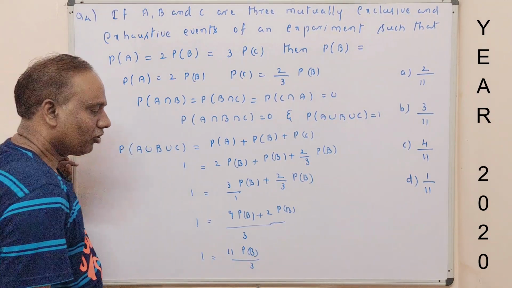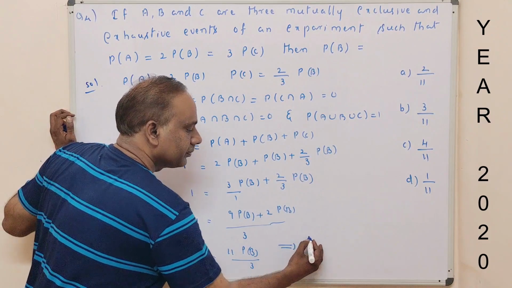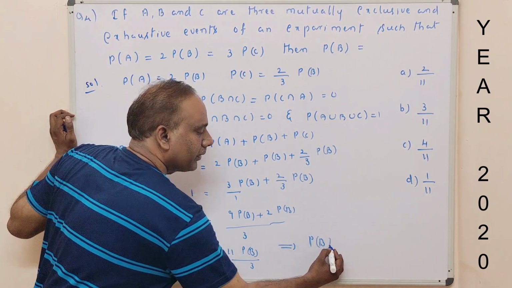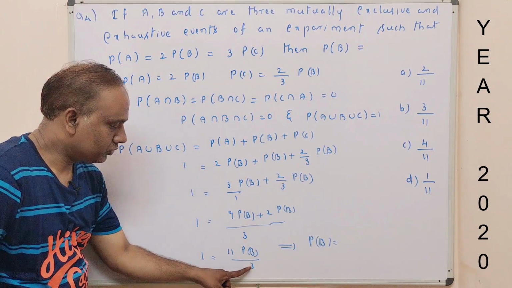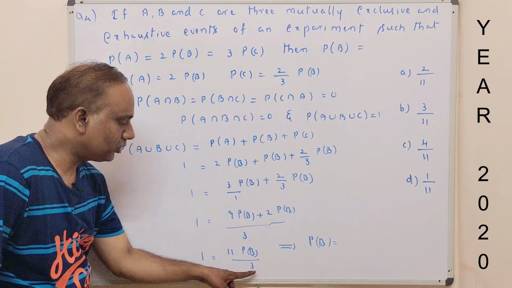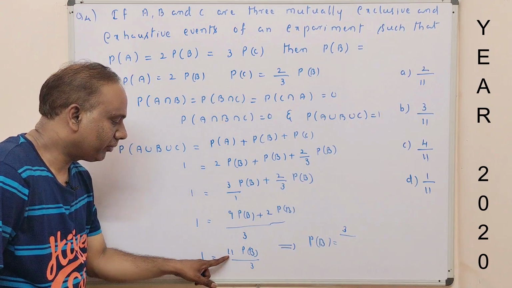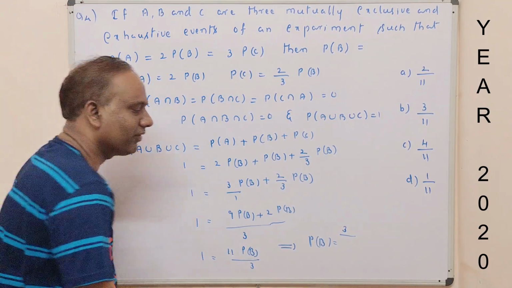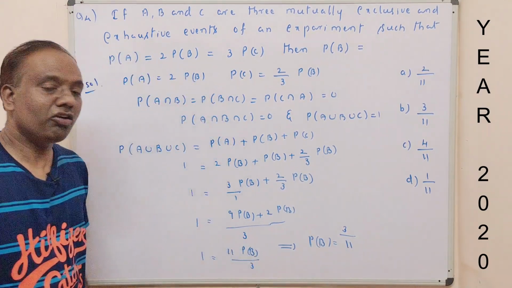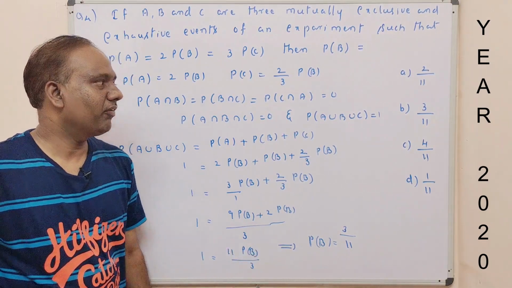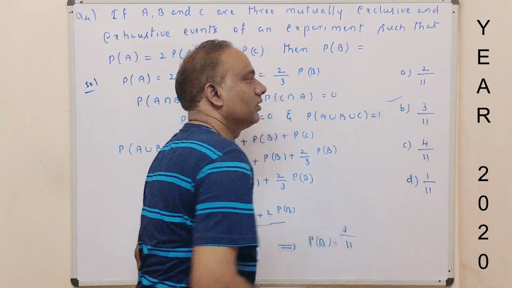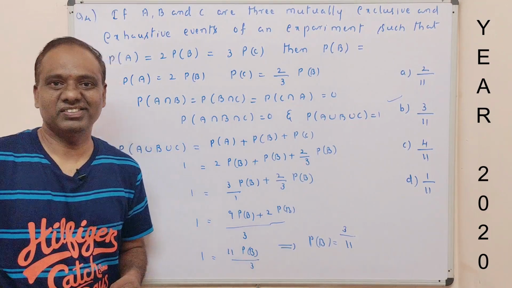Now we need only P of B value. So P of B is equal to, so 3 into 1. 3 into 1 is 3. It is into 11. If you take left side means it is by 11. So P of B value is 3 by 11. Here option B is the correct answer.